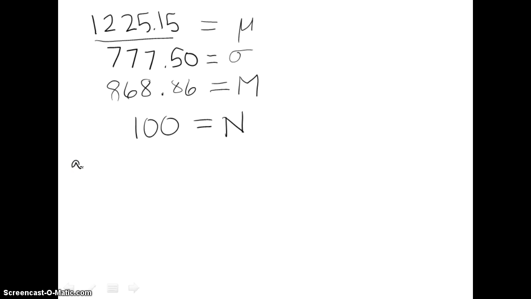Using formulas, determine the mean and the standard error for the distribution of means for the overall housing payment data. Remember, when we're talking about a distribution of scores, our population mean will be mu. When we're talking about a distribution of means, the mean is mu sub m.